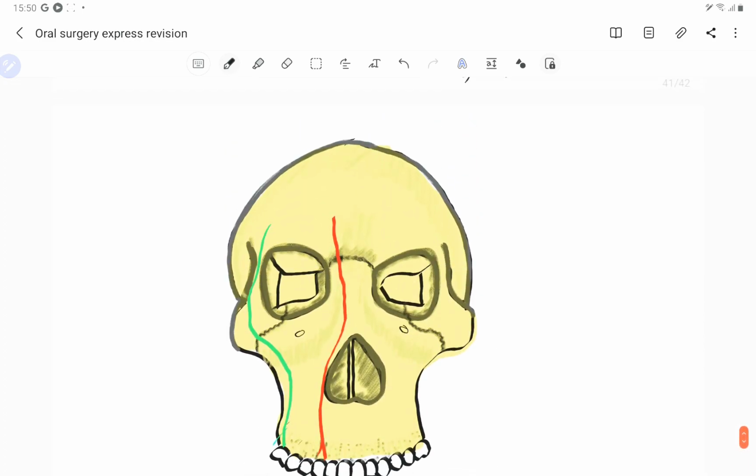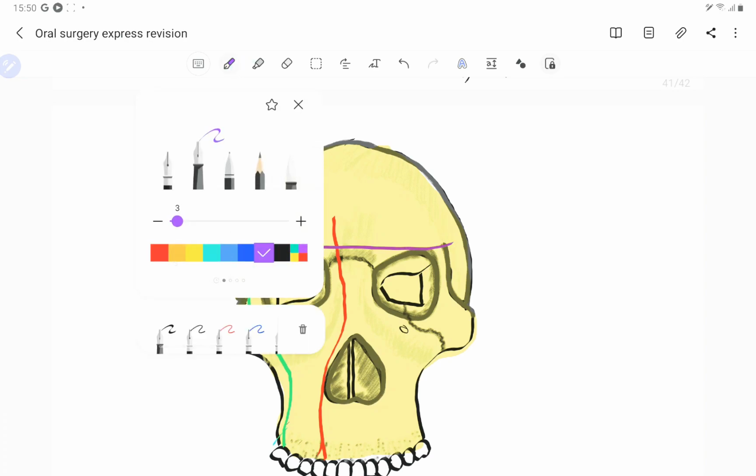Then we have the horizontal buttresses. So the horizontal buttresses we have are the superior orbital rim, so we have a buttress like this, superior orbital. Okay, one second guys. We have the superior orbital rim, and we also have the inferior orbital rim. So I hope this color works.